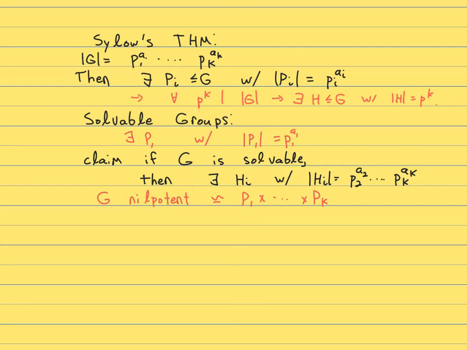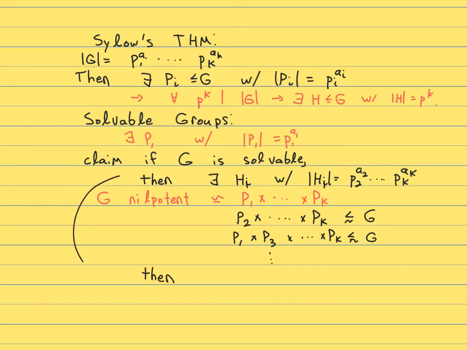Remember, that also means, of course, that if you remove any of these factors, say the direct product of P2 through Pk is isomorphic to a subgroup of G, P1 times P3 times through Pk is isomorphic to a subgroup of G, etc. And so the point is that for G solvable, a similar statement is true. Oh, here I have Hi, I should have H1.